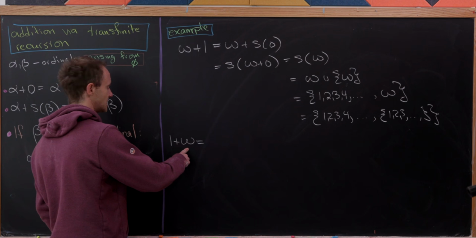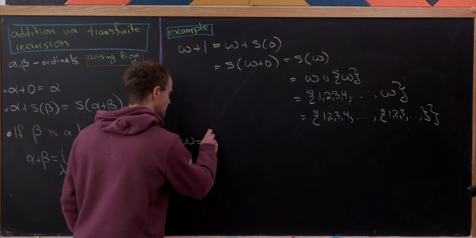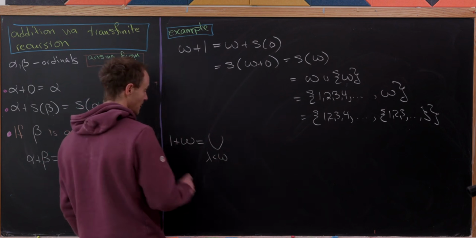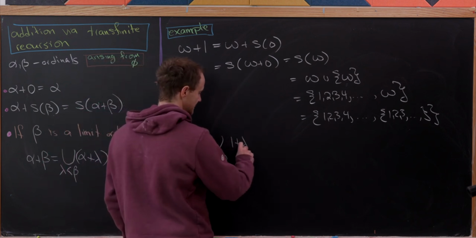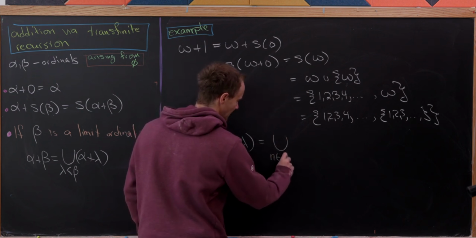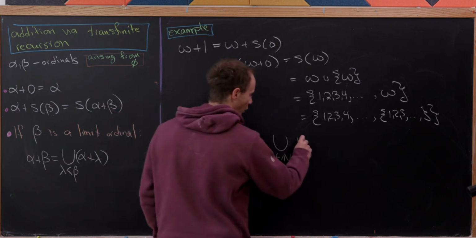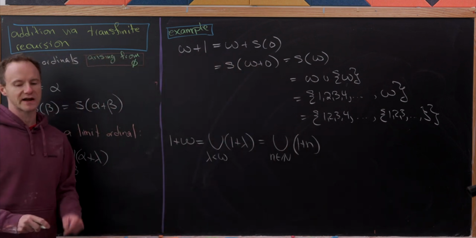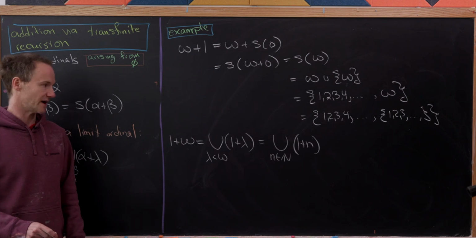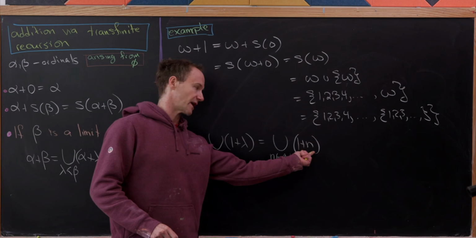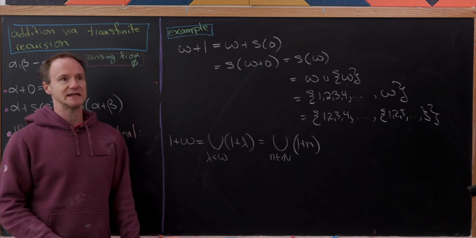Omega is a limit ordinal, so this is equal to the union over all lambda less than omega of 1 plus lambda. But that's equal to the union over all natural numbers of 1 plus that natural number, given the things inside of omega are the things that are less than omega. But now addition of natural numbers, which is what we're in right here, is indeed commutative.